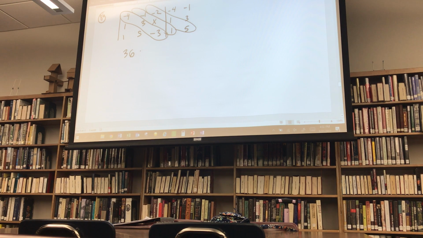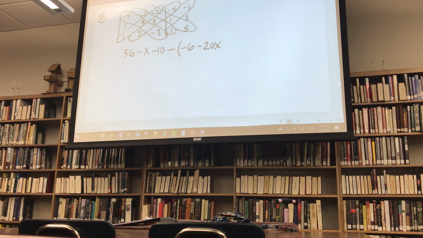And what's my second diagonal? Negative x. And what's the third diagonal? Minus 10. Minus, now I'm going to change the signs of all of these. So 1 times 3 times negative 2 is going to be a negative 6. And 5 times x times negative 4 is negative 20x.